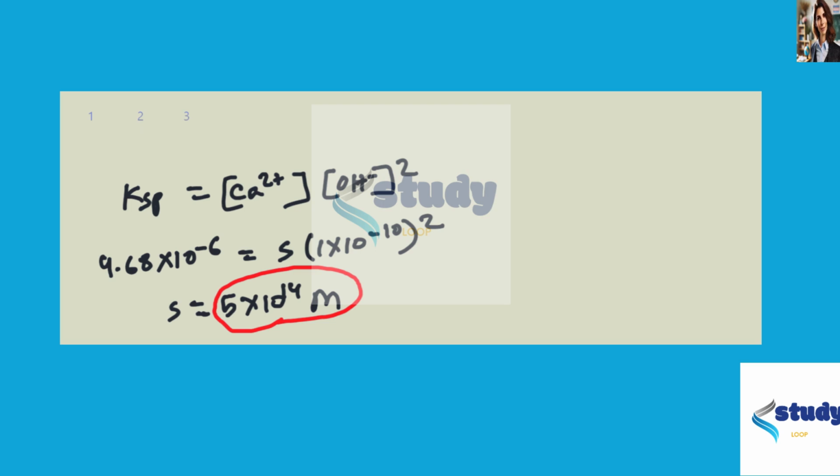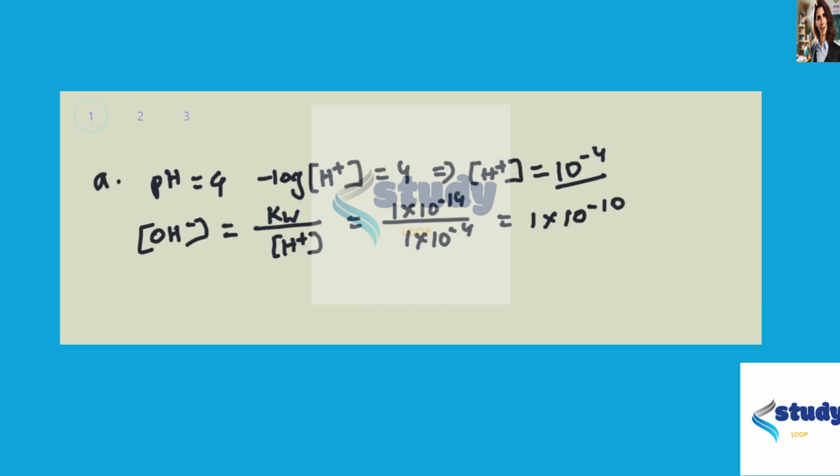Then we can solve the other two parts using the same process. For the second one, we have a pH of 7. If we go back here and put 7 here, similarly we'll have 7 here, and finally the hydroxide ion concentration will be 10 to the power minus 7.